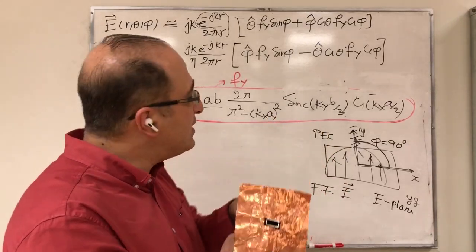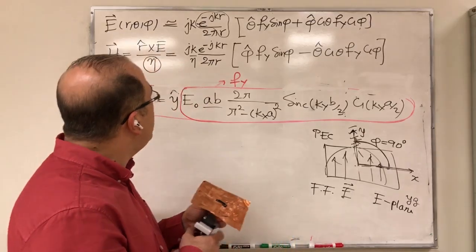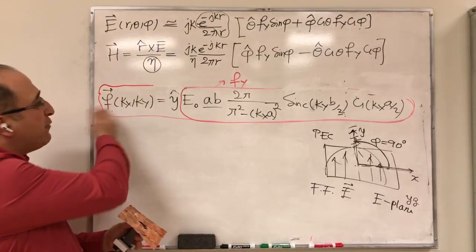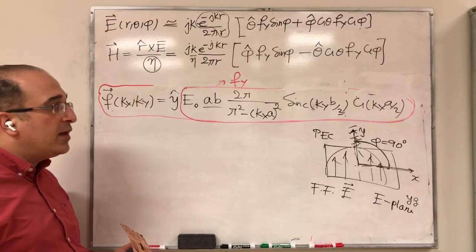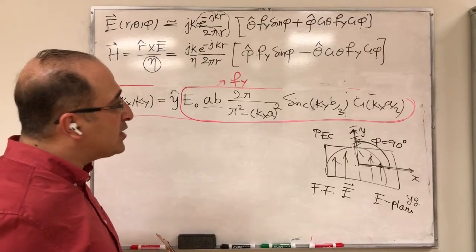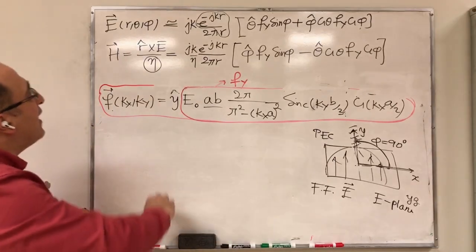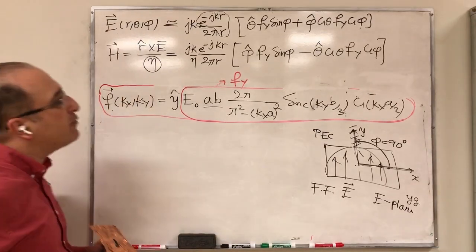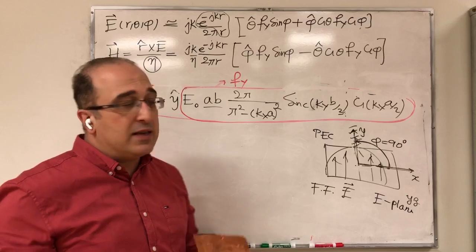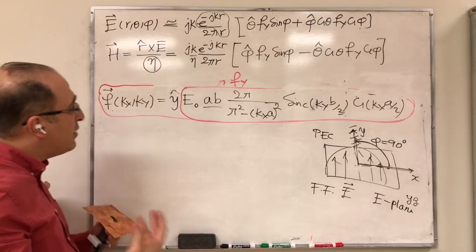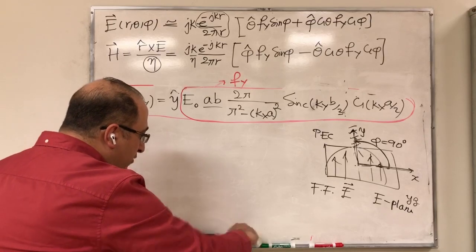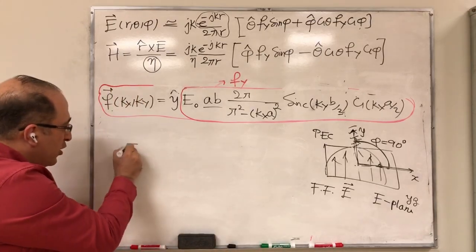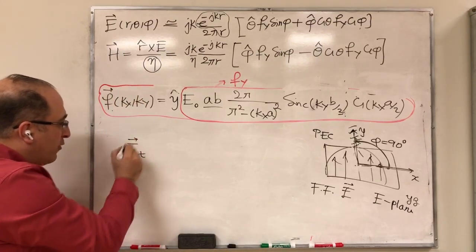Then we obtained our F, which was the 2D Fourier transform of the electric field on the XY plane. We obtained that, and then we said E and H in the far field would be equal to this. I want to emphasize again that in this type of antenna, an aperture antenna, you would be given an E over the aperture.